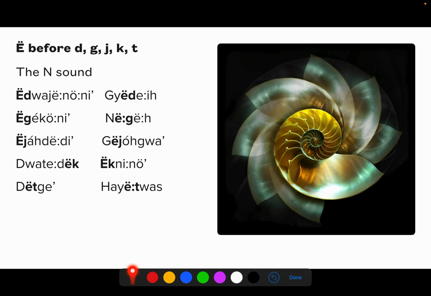Enjahtandi. Genjohqua, so you can hear the N. Dwate denk.